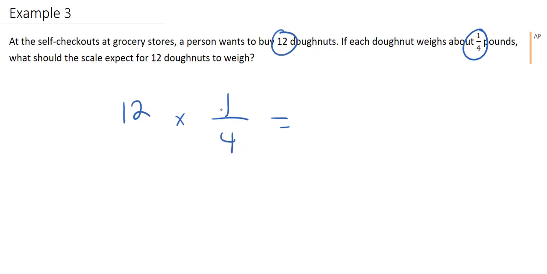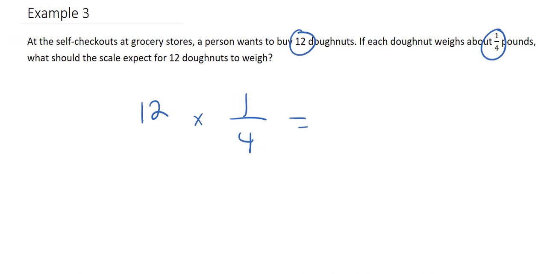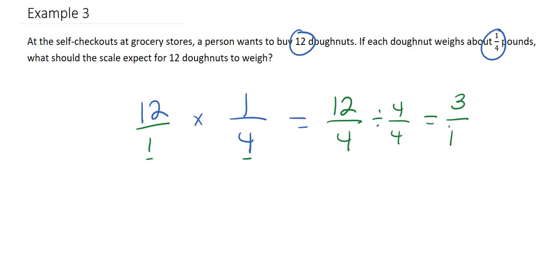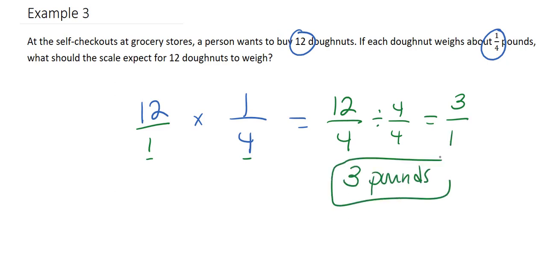Well, 12 times 1 is 12, and 1 times 4 is 4. But notice we can do 12 divided by 4, right? We can divide the top and the bottom by 4. 12 divided by 4 is 3. 4 divided by 4 is 1. So we should expect that to weigh about 3 pounds.